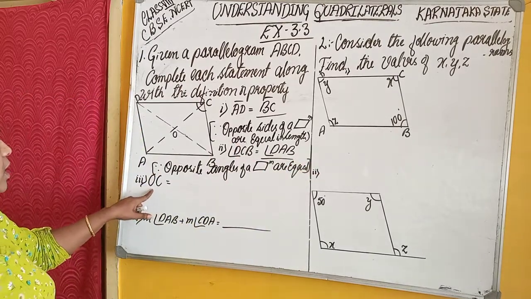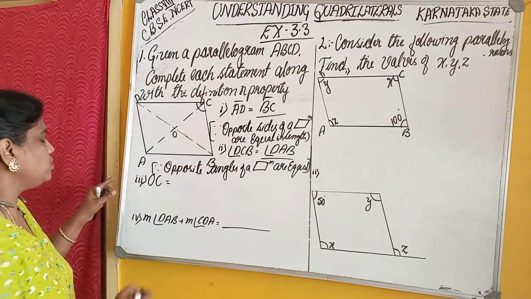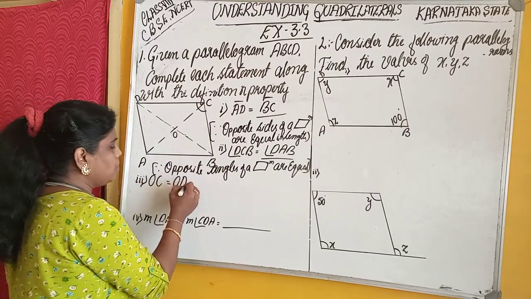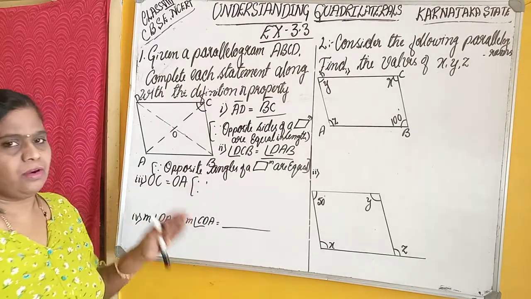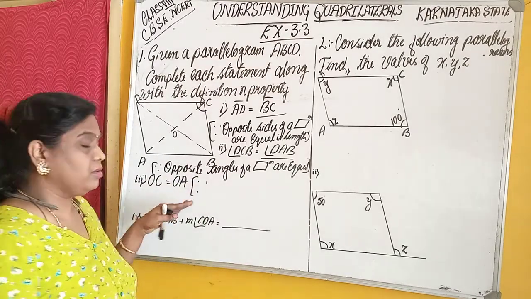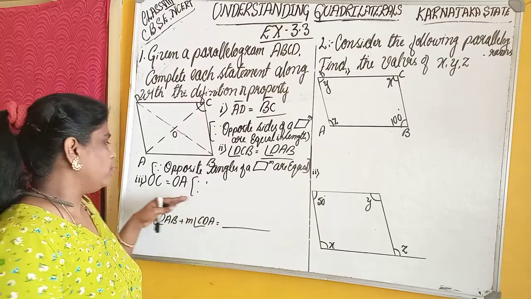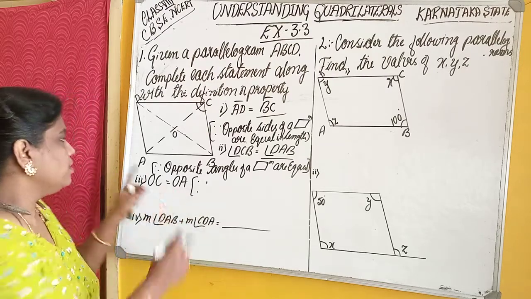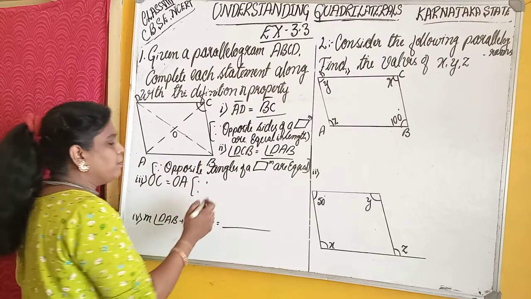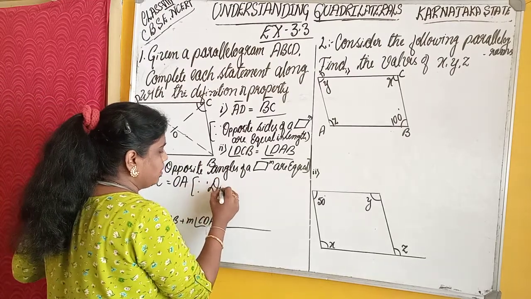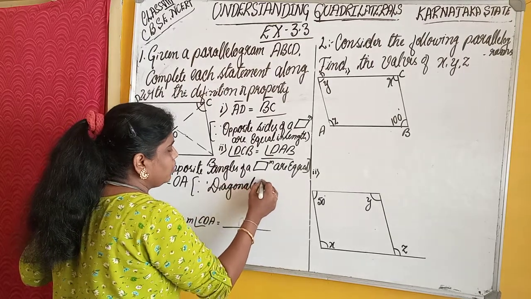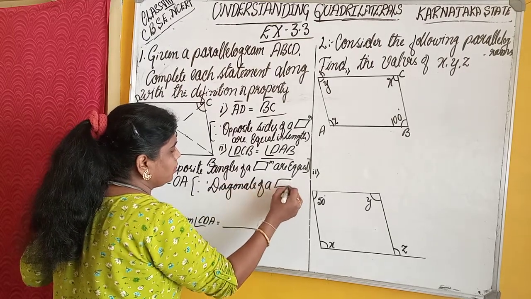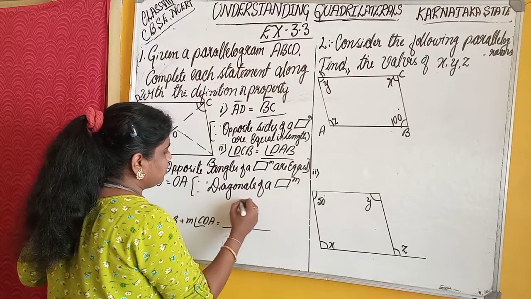Okay. Then OC is equal to OA. The reason for this is according to the fourth property, the diagonals of a parallelogram bisect each other.